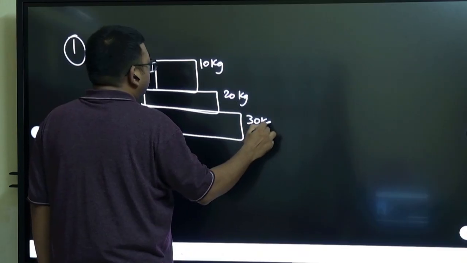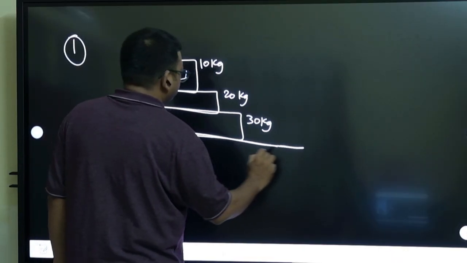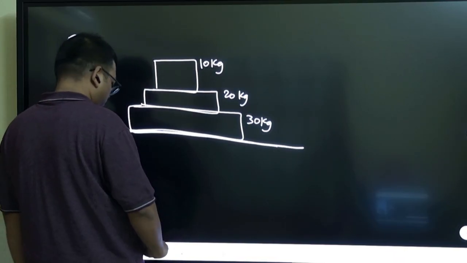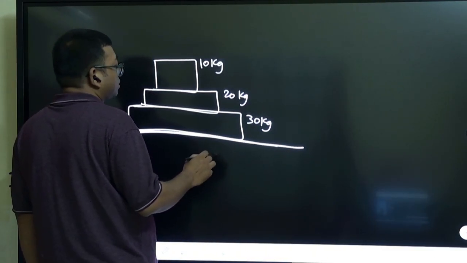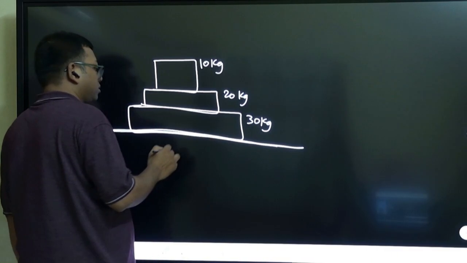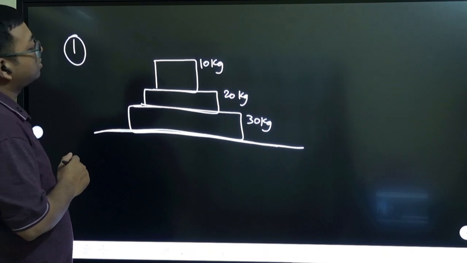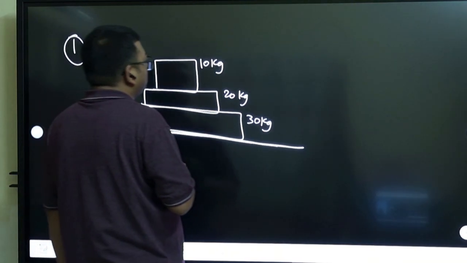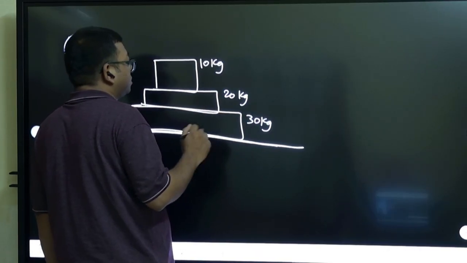Then does the ground have friction or not? First tell me whether the ground has friction or is smooth. What are the things mentioned? What about the coefficient of friction?